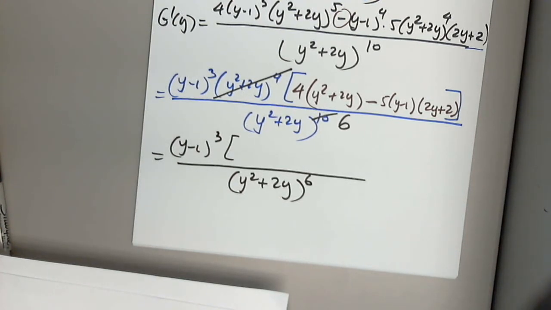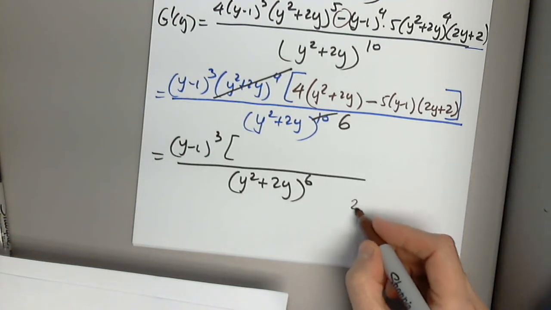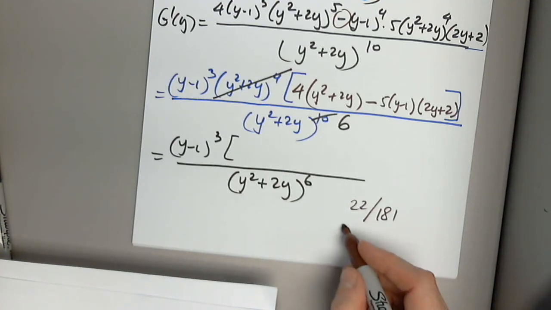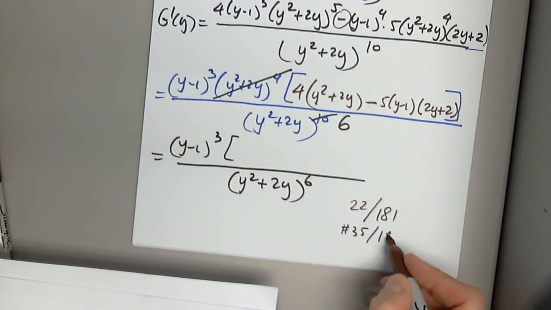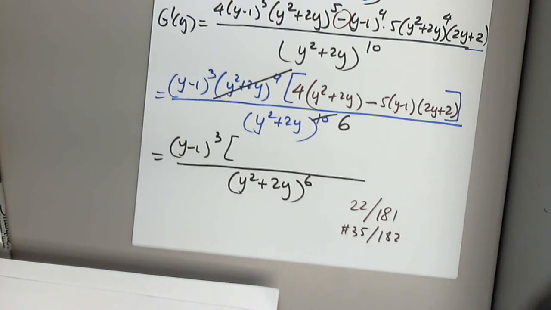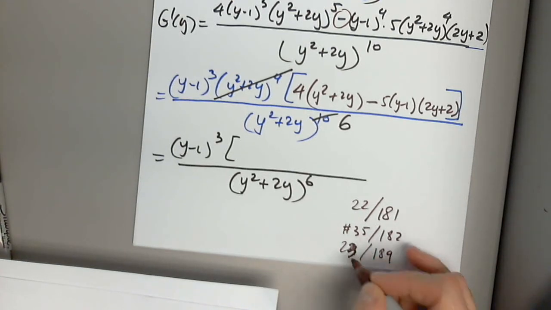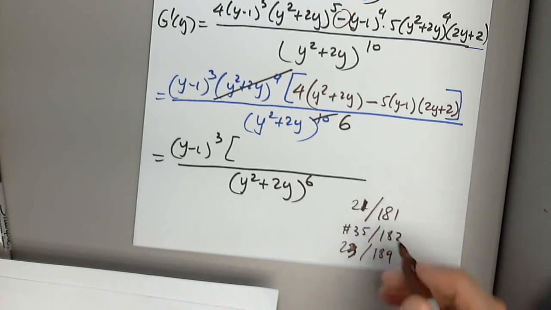So here's your homework for Thursday. 22 on page 181. 35 on 182. 24 on page 189. Oh, I'm sorry, you can do 23. I know you like to check the answer, I'm sorry. And you can do 21 here. Sorry about that.